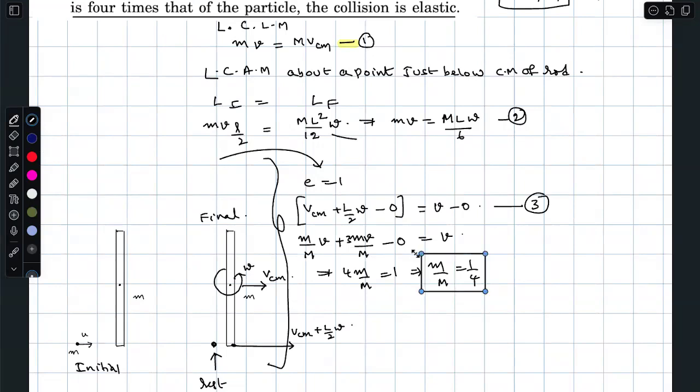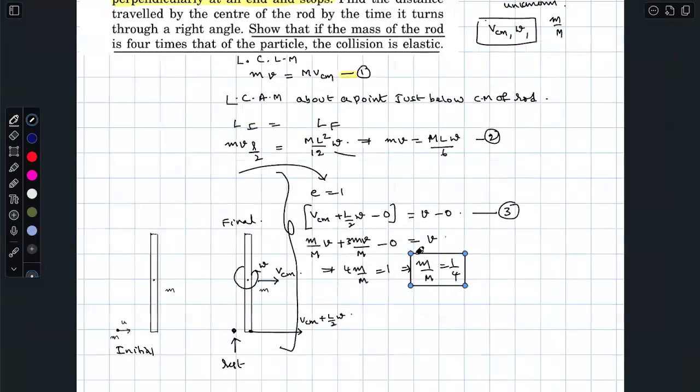Any doubts? Please confirm, have you understood this or not? If we are clear, we will proceed further. Sure? May I proceed for the next question?